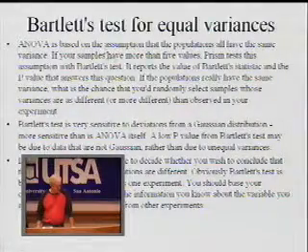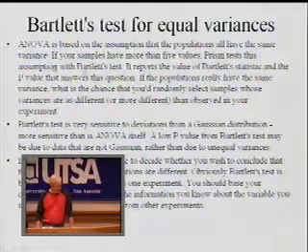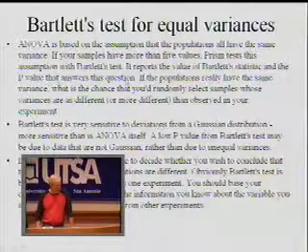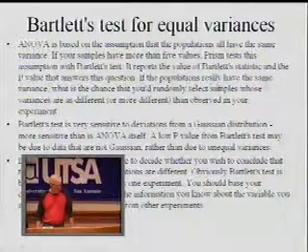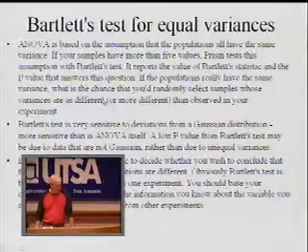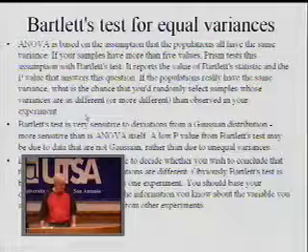If your samples have more than 5 values, then this software package tests this assumption with the Bartlett's test. It reports the value of this statistic and the p-value that answers this question: if the populations really have the same variance, what is the chance that you'd randomly select samples whose variances are as different or more different than observed in your experiment?